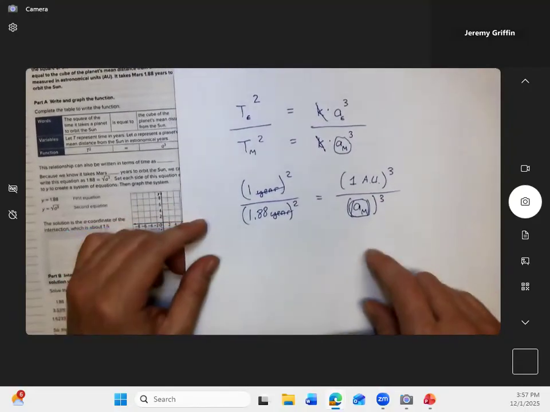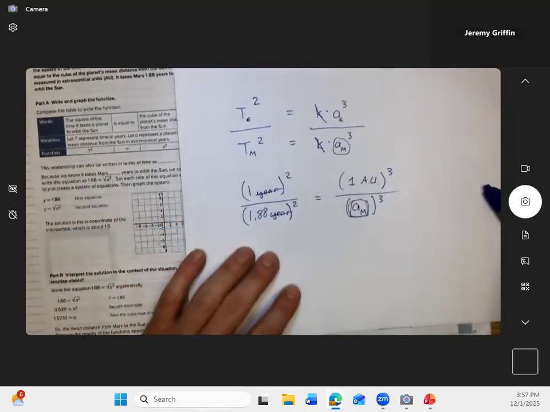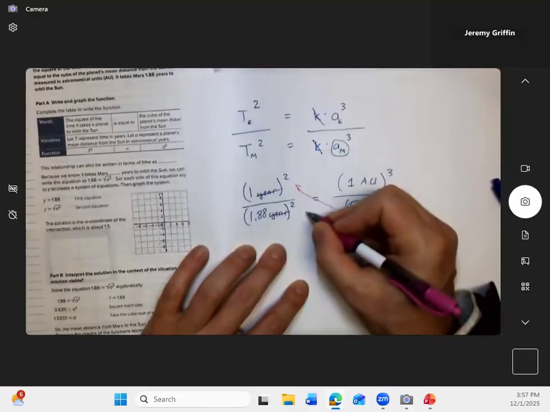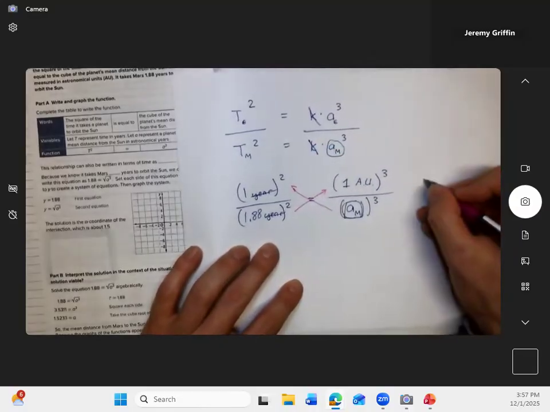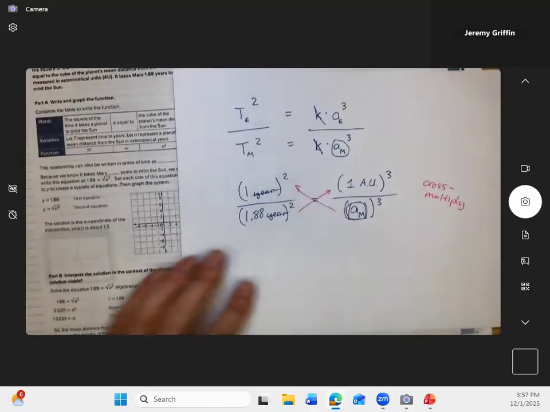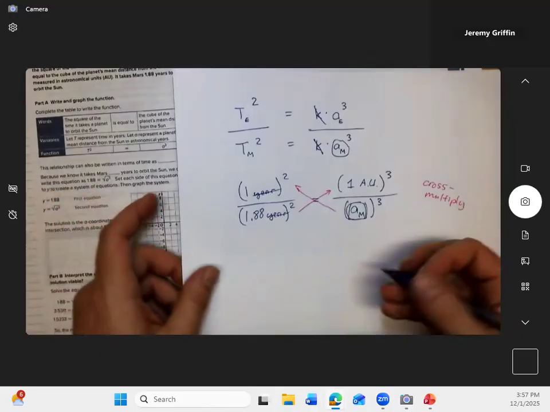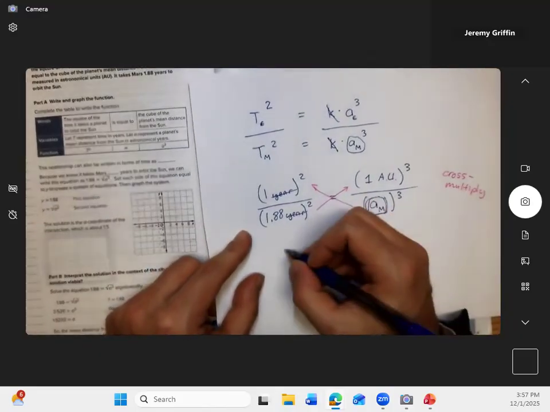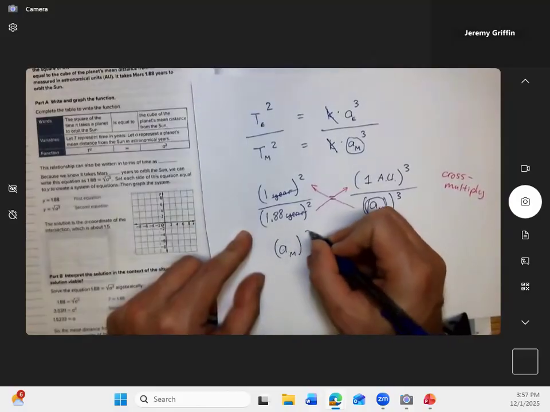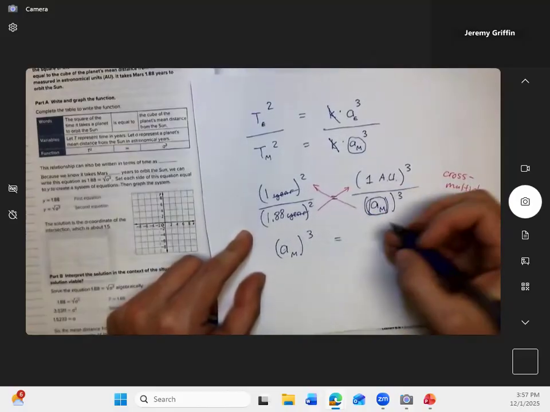Right, so now what? Well, hey, maybe I could cross multiply. There's a cross multiplication. So I can take this and cross multiply up here, and this cross multiply up here. All right, I'll spell it out. Cross multiply. You're allowed to cross multiply across an equal sign or multiply both sides by that denominator value, however you think of it. So the distance from Mars to the Sun cubed is equal to 1 AU cubed.